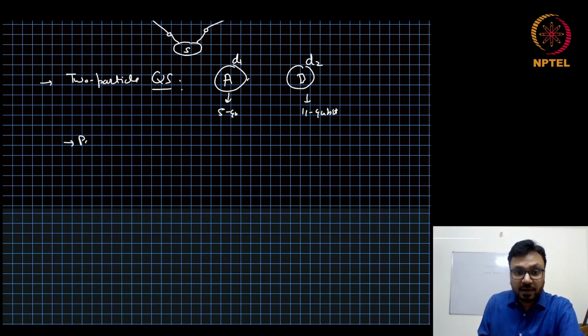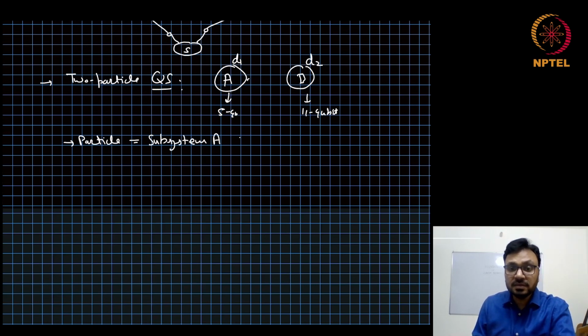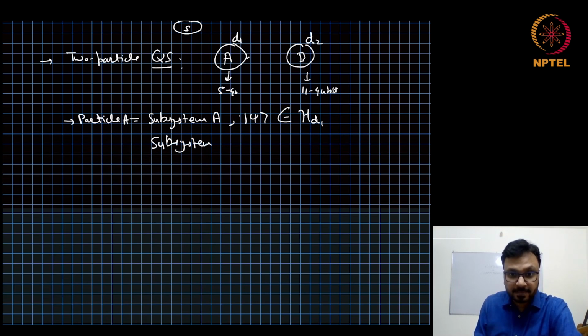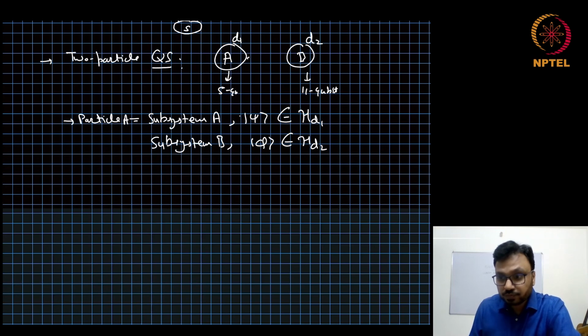The particle 1, or subsystem A, has states, let us call them psi, and they are from the Hilbert space H_D1, where D1 stands for the dimension of the Hilbert space. For subsystem B, the states belong to the Hilbert space H_D2.